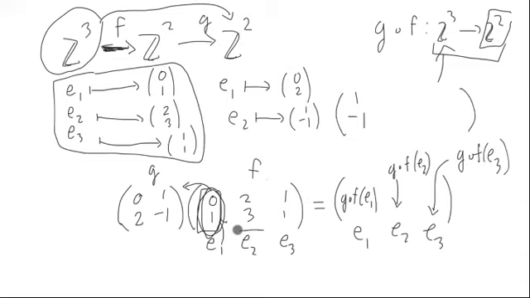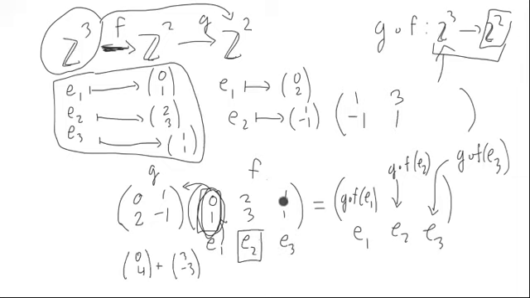What's the ultimate destination of E2? Well, E2 goes to 2, 3. Then 2, 3 goes into this function, which just means 2 times first column plus 3 times second column. So that's like adding together 0, 4 plus 3, negative 3, which turns out to be simply 3, 1.